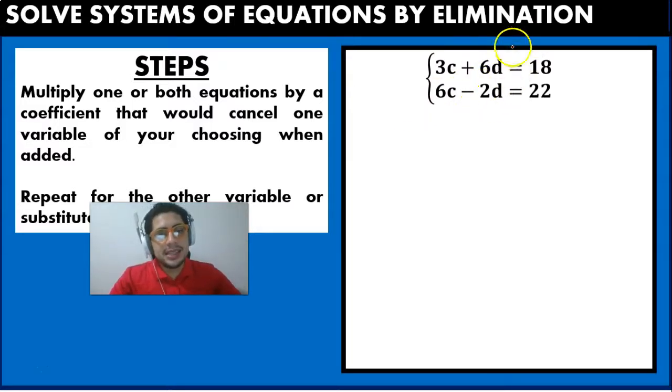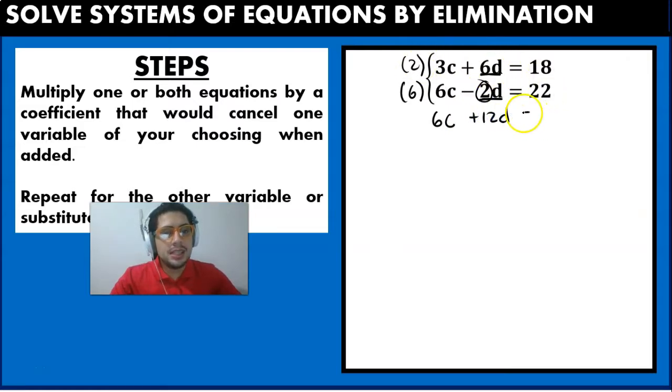Like, for example, in this case, we have 6d and we have 2d, right? So if we multiply this one by 2 and this one by 6, we would get 2 times 3, 6c, 2 times 6d, 12d, 2 times 18 is 36, 6 times 6, 36c, 6 times minus 2 is minus 12d, and 6 times 22, that is 132.